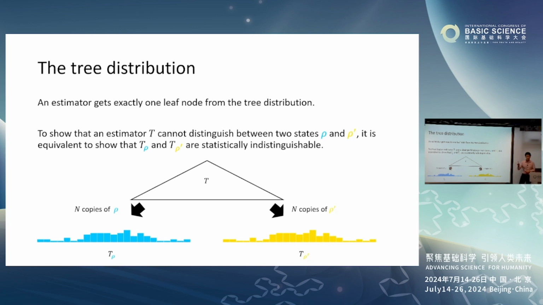And I get exactly one draw from one of these two distributions. If my algorithm is going to distinguish between rho and rho prime, I need to distinguish a draw from t sub rho from a draw from t sub rho prime. So the question is whether or not these two distributions are distinguishable. If they are not, then the algorithm cannot tell the difference between rho and rho prime. So hopefully this makes sense.